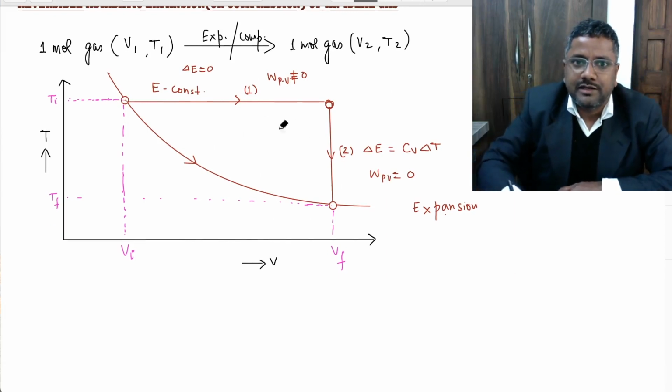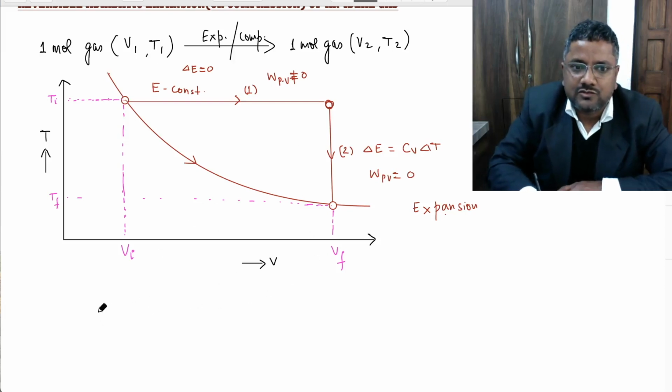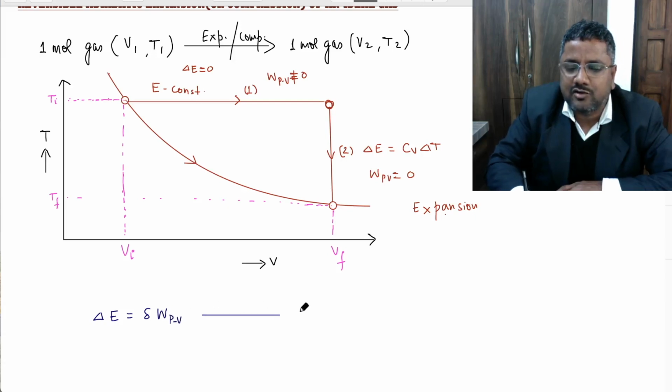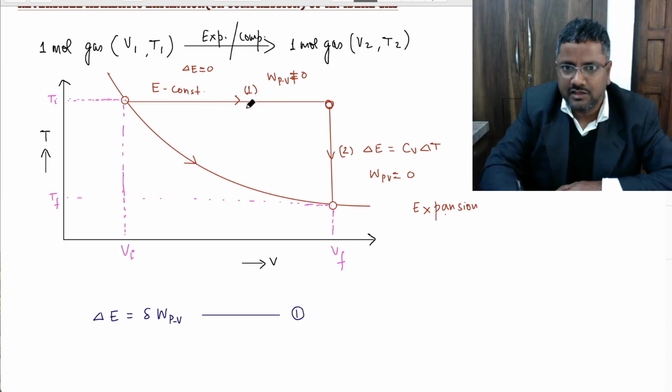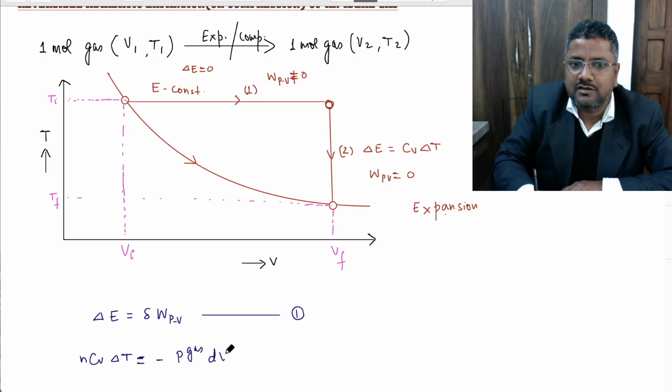Now in the reversible process, as this delta Q is equal to 0, so you can write delta E is equal to delta W_PV, and this is a very important equation. Here delta E, you can write nC_V delta T, because temperature is changing here, is equal to, this is a reversible process I have initially written, so minus P_gas dV, right?